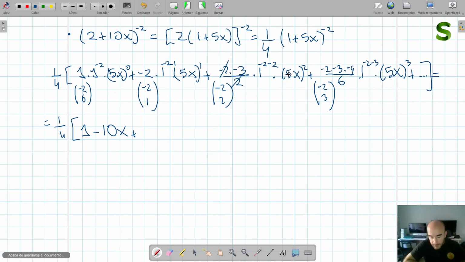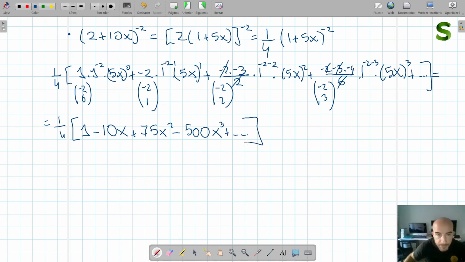So we have 75. And then we have minus minus minus, which is minus. And then if we simplify here, and that one goes away, so we have 4 times 5 cubed, which is 500. And then we have x to the power of 3. And those are the 4 terms.